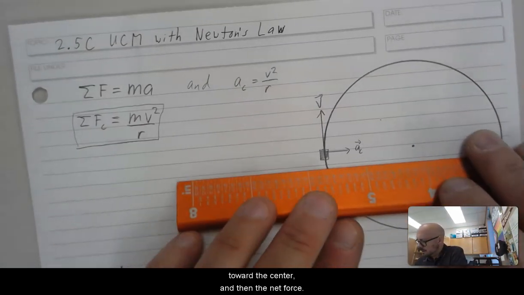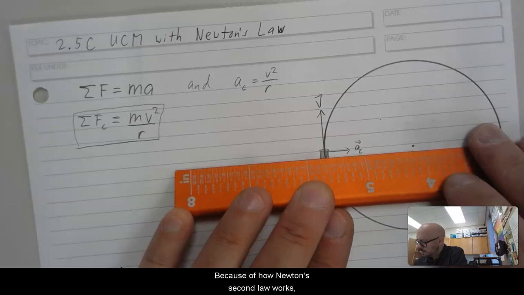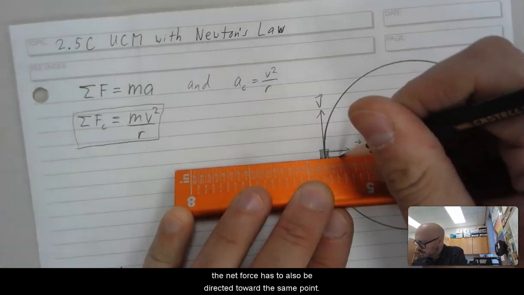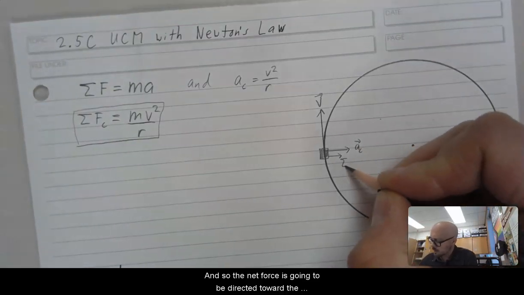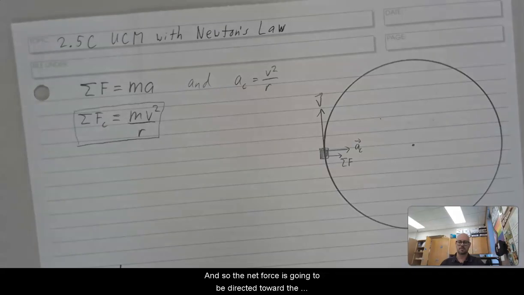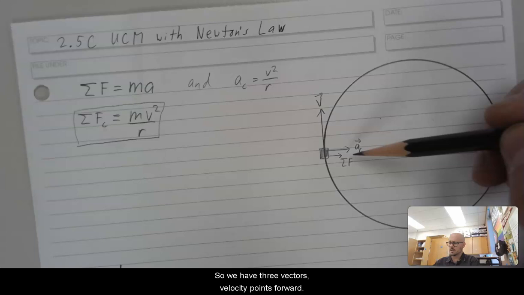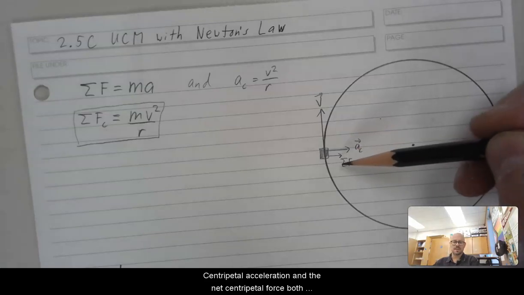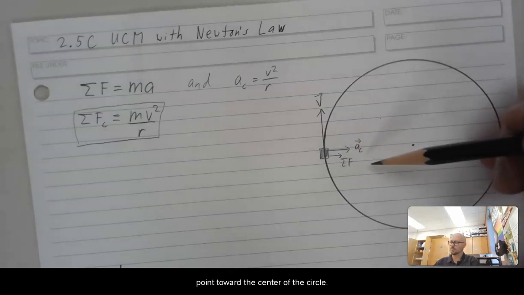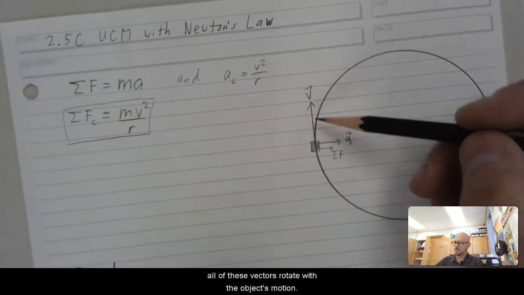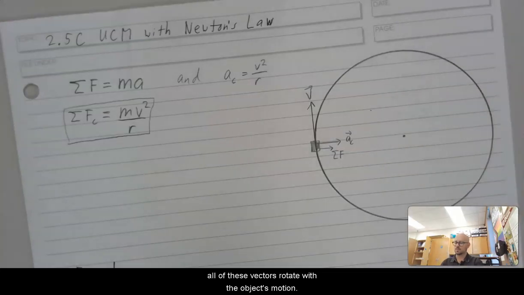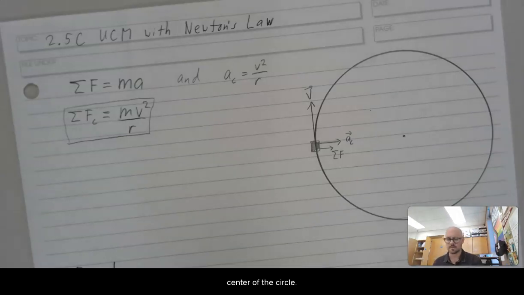And then the net force, because of how Newton's second law works, has to also be directed toward the same point. So the net force is going to be directed toward the center of the circle. So we have three vectors. Velocity points forward, centripetal acceleration, and the net centripetal force both point toward the center of the circle. And then as the object goes around the circle, all of these vectors rotate with the object's motion, so they're always pointed the same direction relative to the center of the circle.